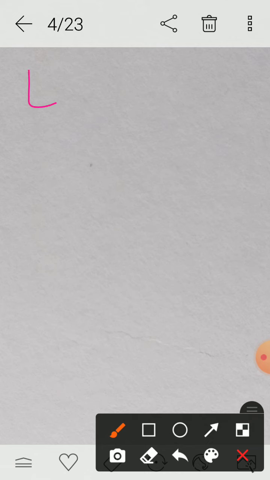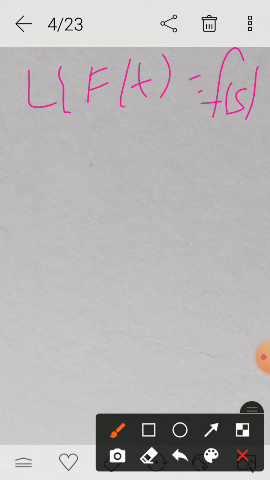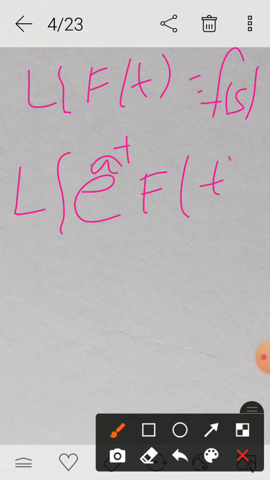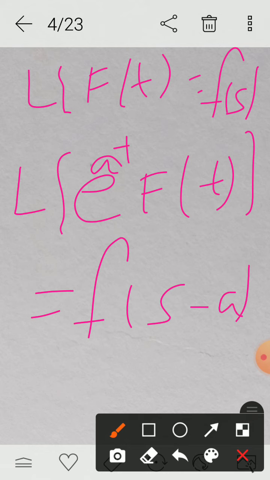That is, if the Laplace transform of f(t) is F(s), then we can prove the Laplace transform of e^(at) f(t) is equal to F(s minus a). We have already proved it.